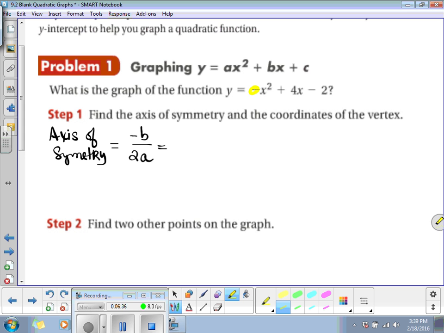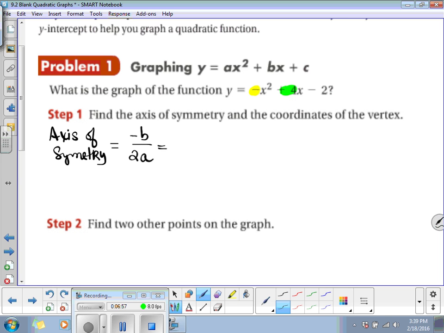So, the number in front of the first term and the number in front of the second term. This is the a, this is the b. So my a is what? Negative 1. And my b is 4. Okay?